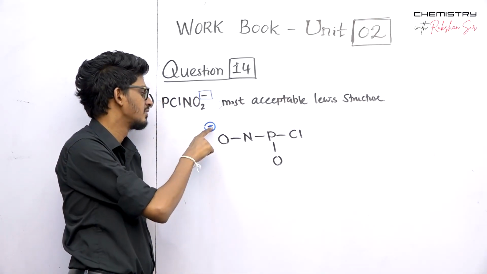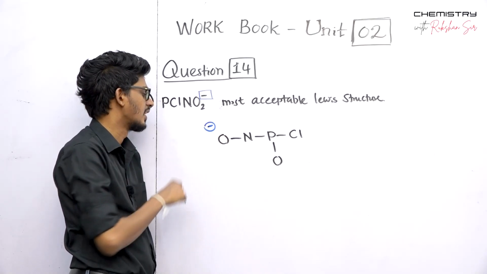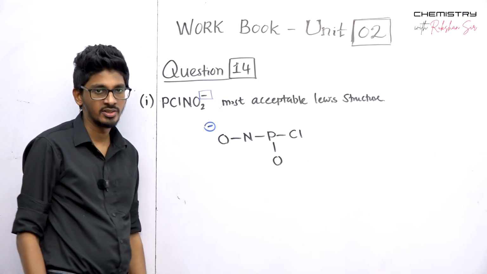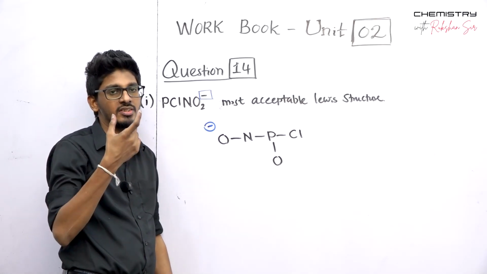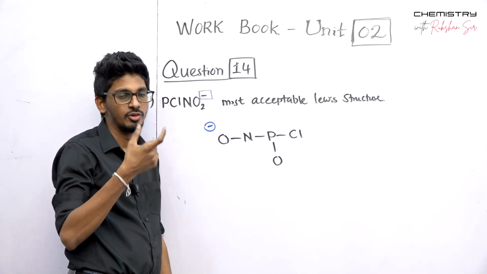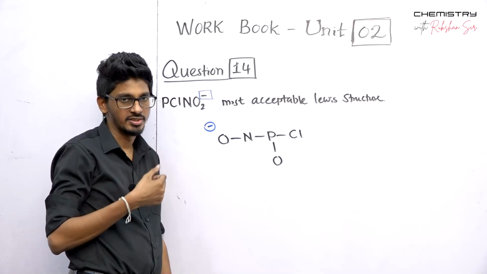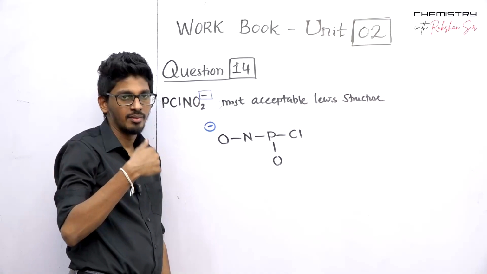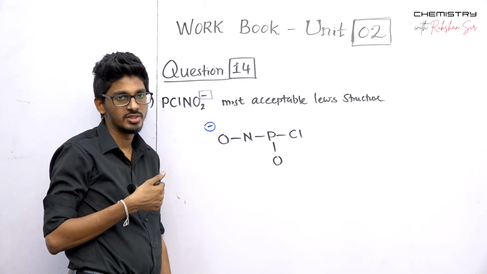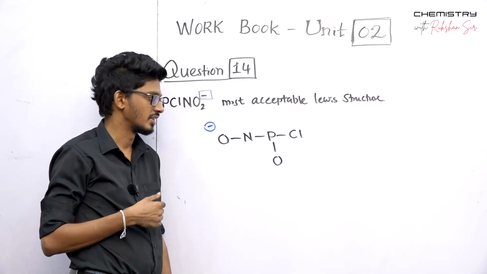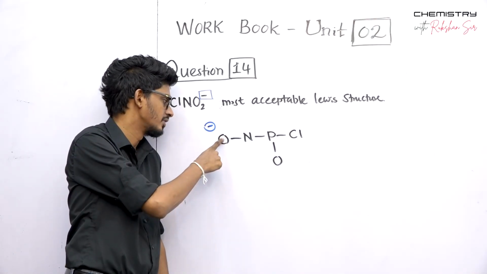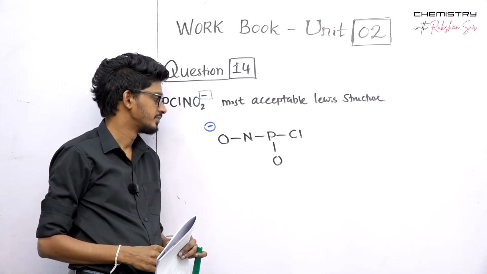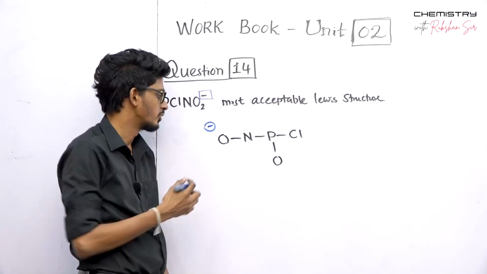So if the oxygen is with a minus charge, it should have only one bond. We have learned that, no? If the oxygen is with 2 bonds while fulfilling the octet, it is 0 charged. If you are with lack of one bond compared to the neutral situation, you are with -1 charge. So oxygen is with -1 charge when the oxygen is with one single bond. So don't forget to complete the octet.